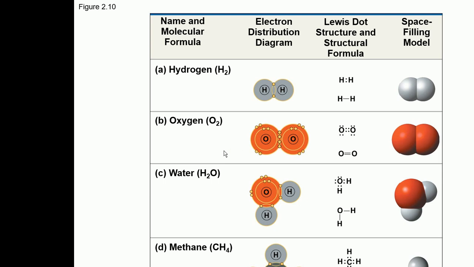So in the case of water, the electronegativity of the two atoms is different. This oxygen and hydrogen are sharing one pair of electrons, which is 2 electrons, between each other.